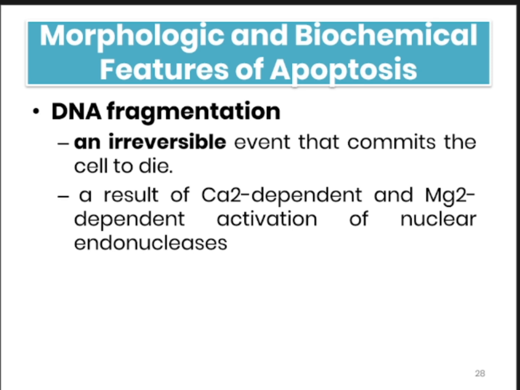When we talk about calcium-dependent, the activation can be triggered by an increase in intracellular calcium levels. And when we say magnesium-dependent, it talks about magnesium also playing a role in the activation of these endonucleases. The fragmentation of the DNA is a key event in the apoptotic process, ensuring that the cell would undergo programmed cell death in a controlled manner.